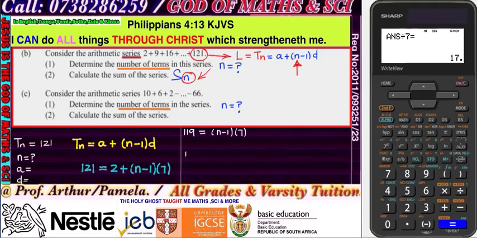So that means I have 17 equals n minus 1. The next thing is to transpose the negative 1 to the other side. And when I do that, I end up with n equals 18.